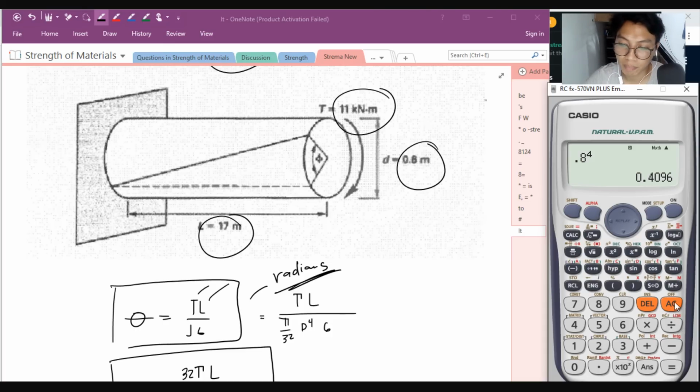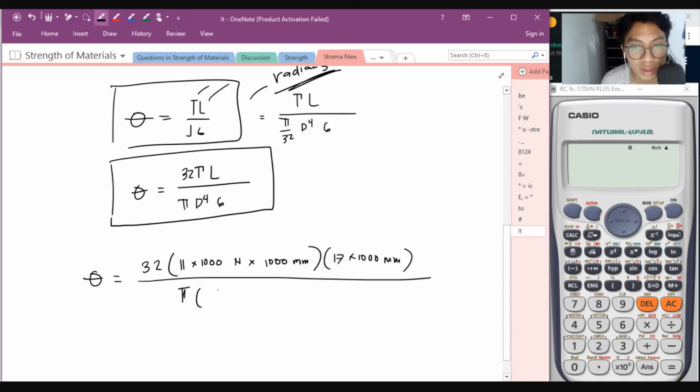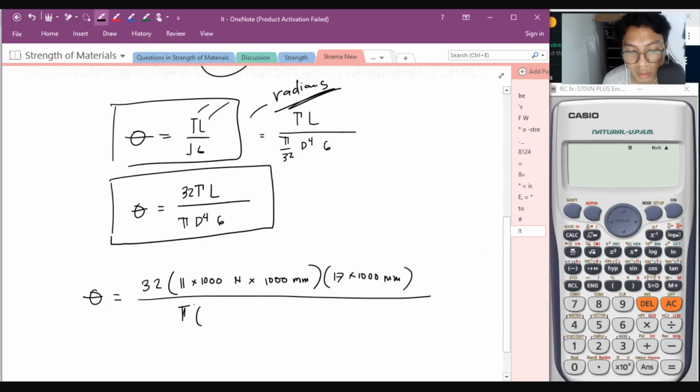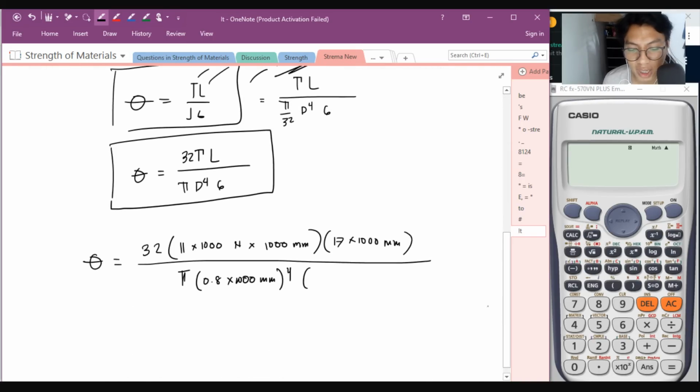Parang hindi ah. 0.8 ata to. Sige, 0.8 na lang yan. Okay, 0.8 times 1,000 mm to the fourth. Tapos yung G, that is 26 GPa.